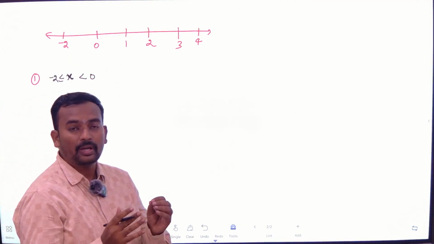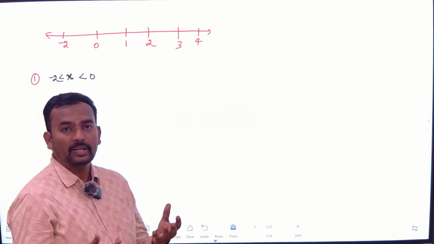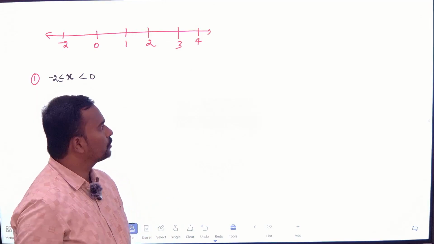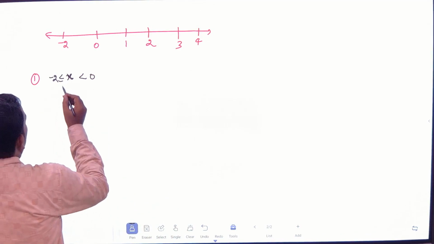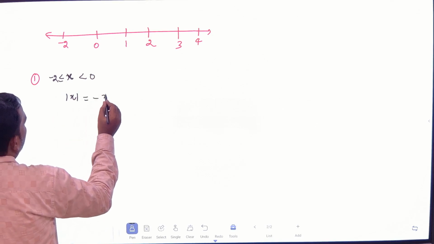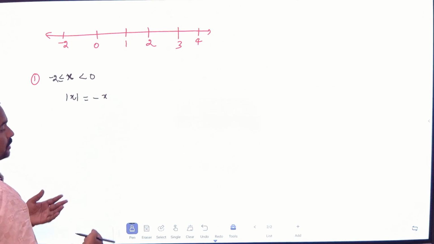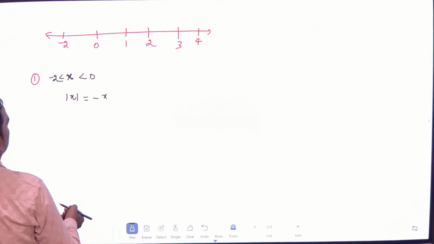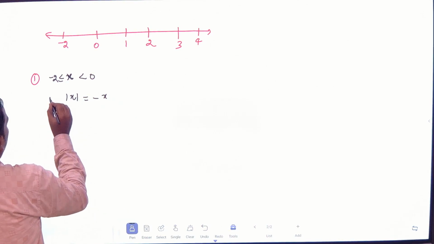In this interval you have to find the maximum of mod x and x into mod x minus 2. You can see in this interval mod x is definitely negative, so mod x equals minus x, because x is negative means the mod x definition is minus x. This is the first observation.